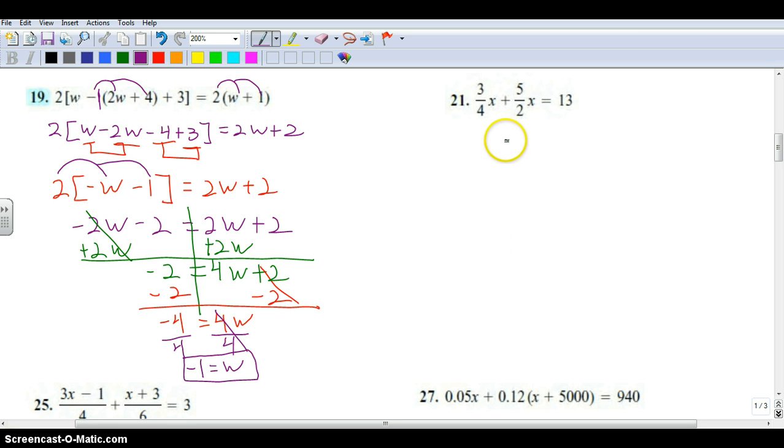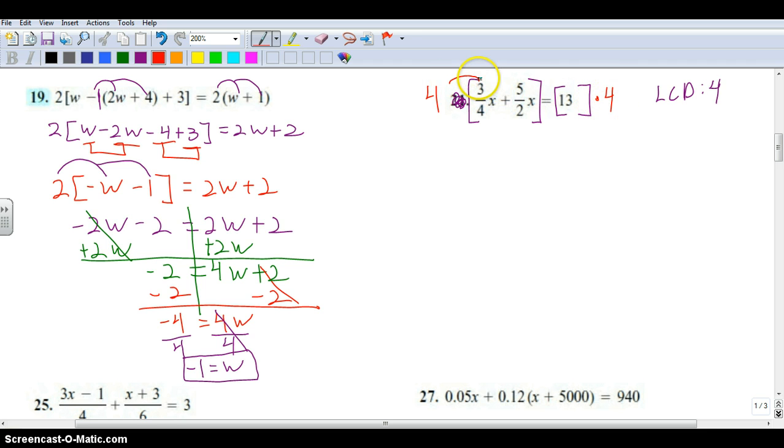On 21, if you want, I don't really like dealing with fractions, and I'm sure y'all don't either. So what we're going to do is, and we've done this actually already in class, so this shouldn't really be anything new to you guys. A good idea is to get the LCD, which is 4, and then just go ahead and multiply both sides by 4, and it'll just make our life easier.